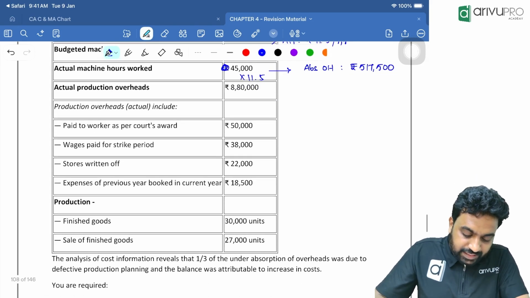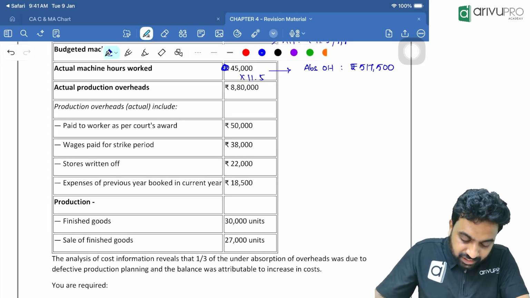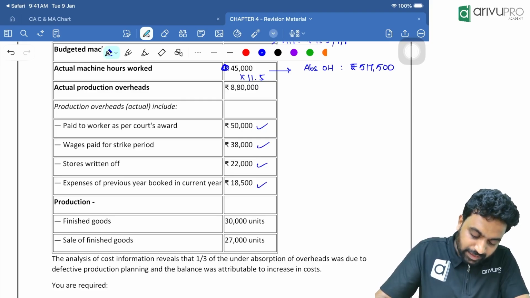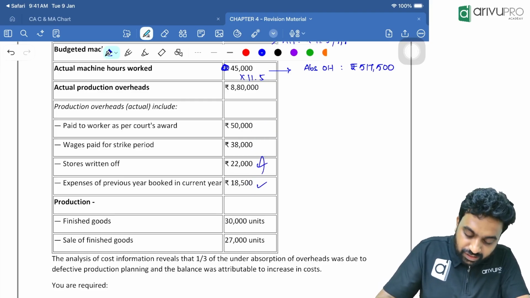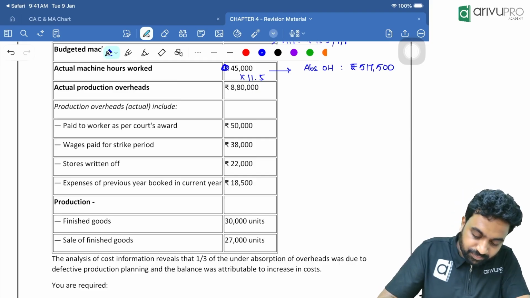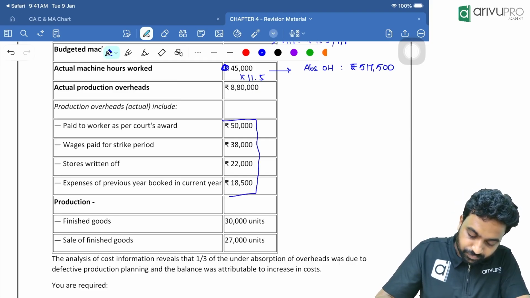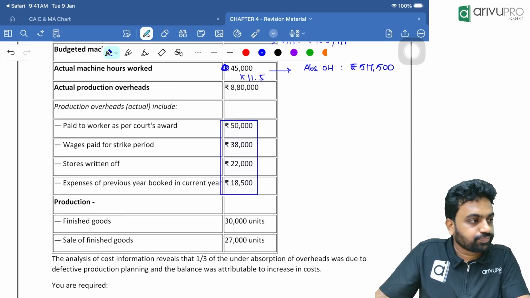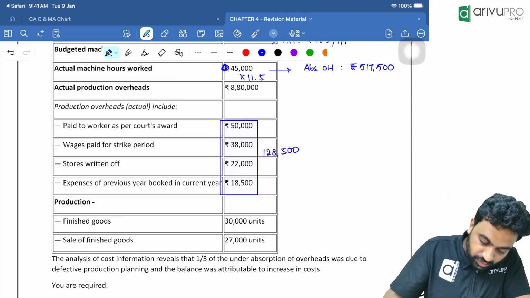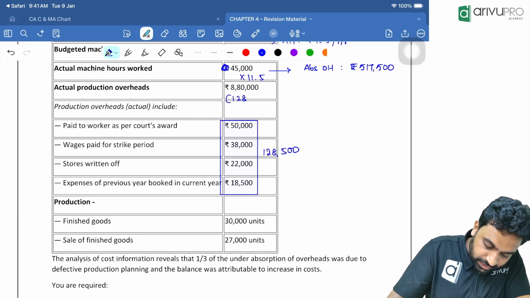Actual production overhead is 8,80,000, which includes amounts paid to workers as per court's order, wages, stores, expenses. That means these are abnormal. Straight away they should go to costing P&L. They should not even come to analysis. How much is it in total? 1,28,500.